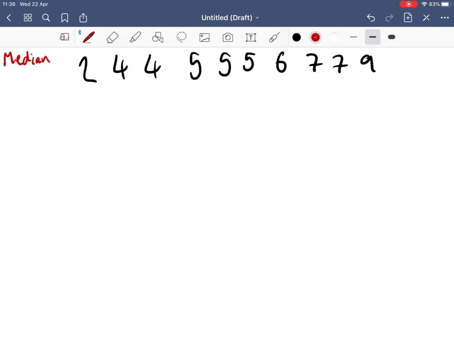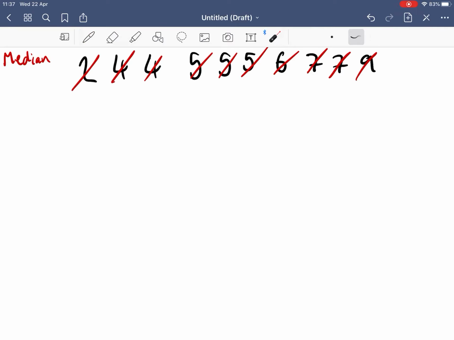Start the first one, cross it off. Then go to the last and cross it off. So you've crossed off 1 on this side and you've crossed off 1 on this side. Then you do the same again. Cross the 4 and I cross that 7 out. And I keep going until I can't cross any more out.